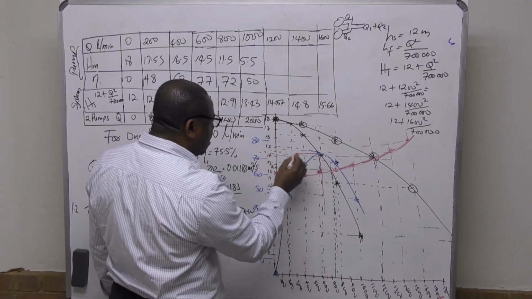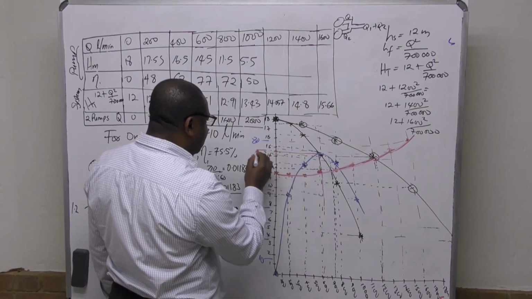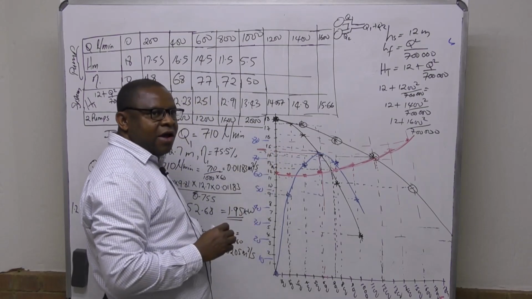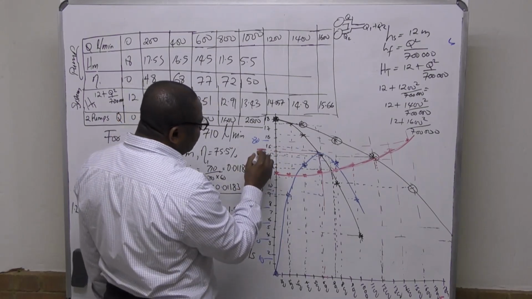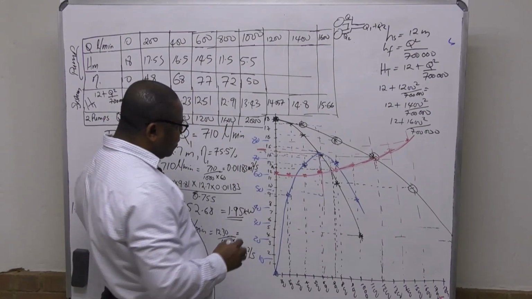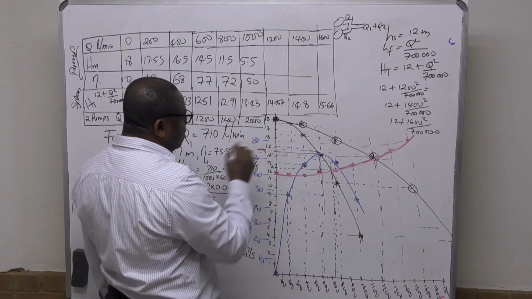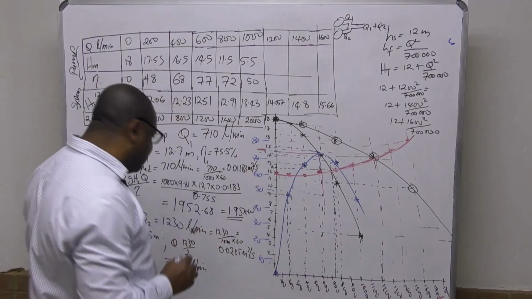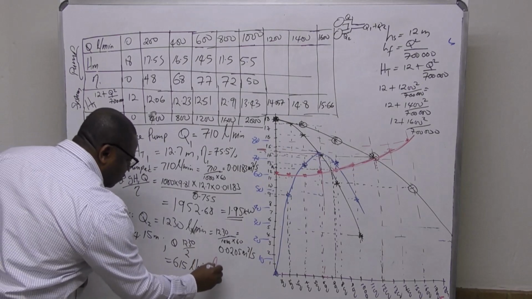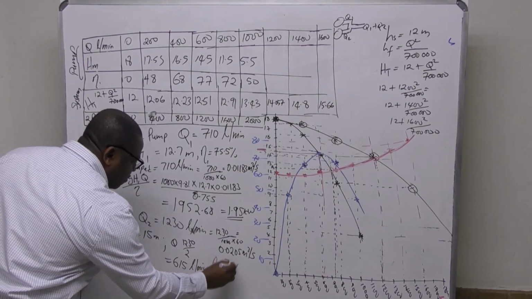So if you take here, that is more than half of that. You should be able to get 77% if you are using a nice graph. This is 70, this is 80. You should be able to get about 77%. So from there, our efficiency is 77%.